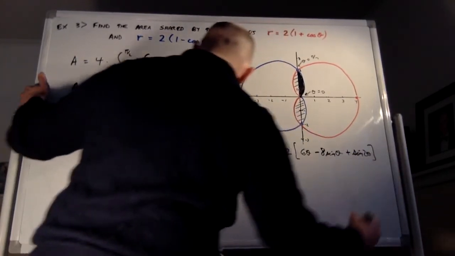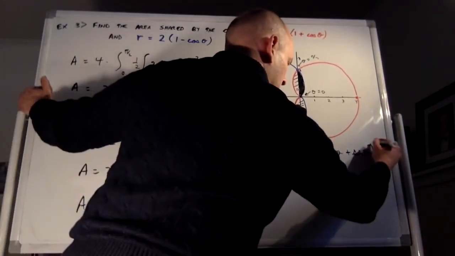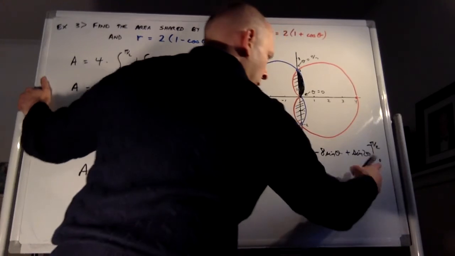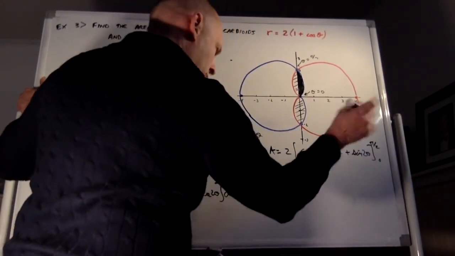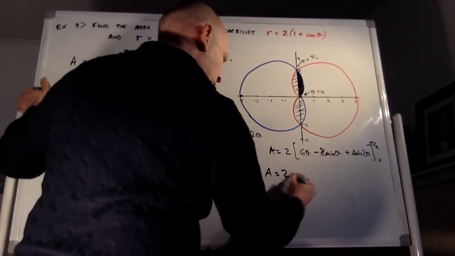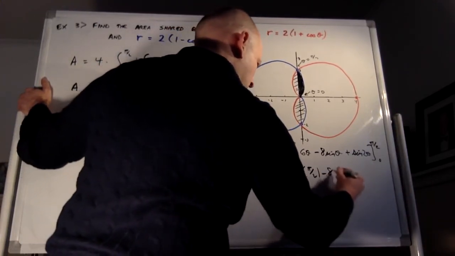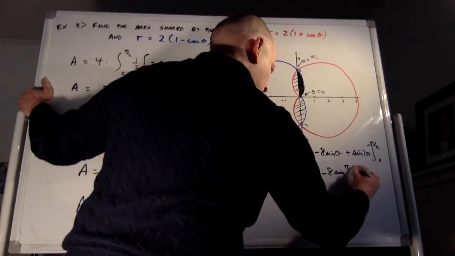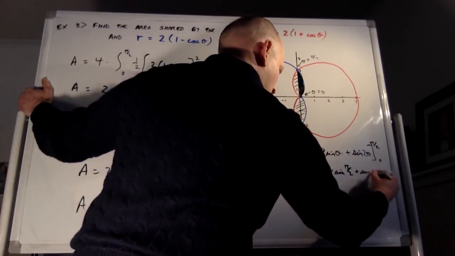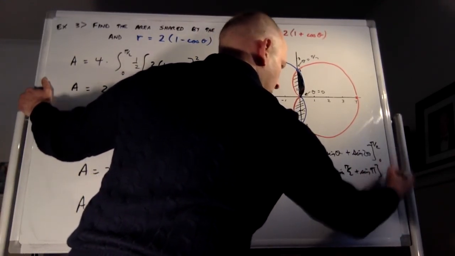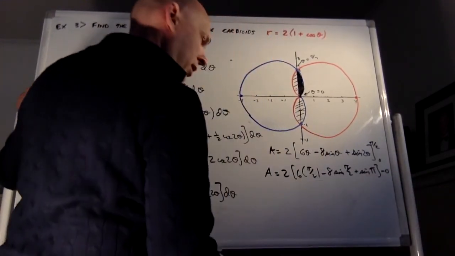And we're evaluating from 0 to pi over 2. I know when I plug in 0, that's 0, that's 0, that's 0. So that's a whole bunch of 0, thankfully. So 2 times 6 times pi over 2 minus 8 times the sine of pi over 2 plus the sine of twice pi over 2, that's the sine of pi. And then minus a whole bunch of 0.